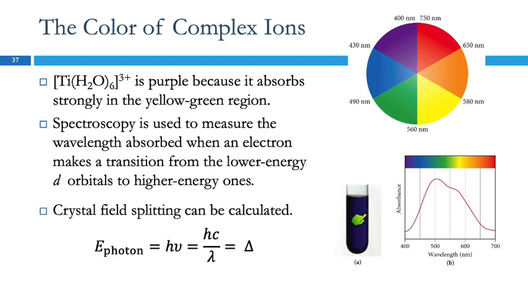And here we can look at the absorbance as we look at different frequencies, different wavelengths of light, and we see that it's really not absorbing here in the purple at all, but as we go towards the green and the yellow and a little bit into the orange, there's significant absorbance, and then it drops off again. So because it's absorbing the wavelengths over here, transmitting these, what our eyes perceive is a purple solution.